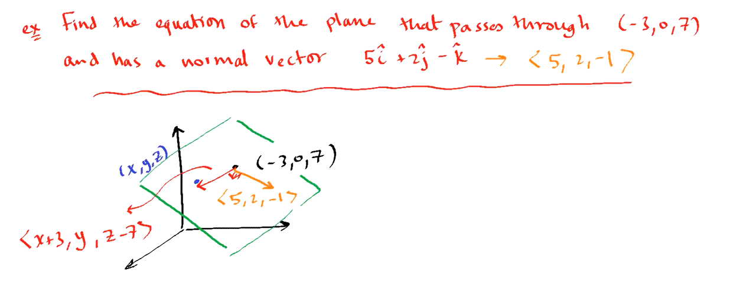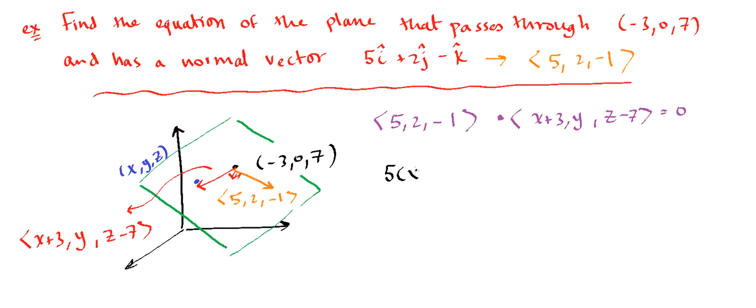Therefore, if we do the dot product between this vector over here and this random vector, the product is going to be equal to 0. So let's rewrite this.